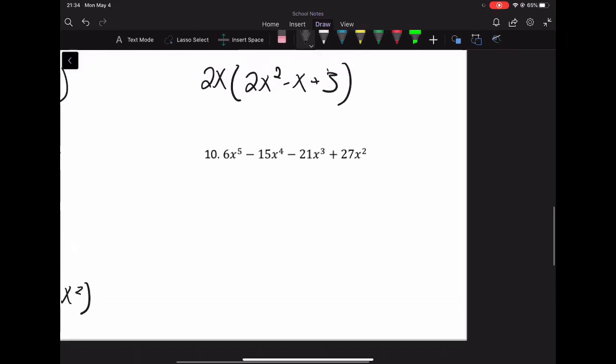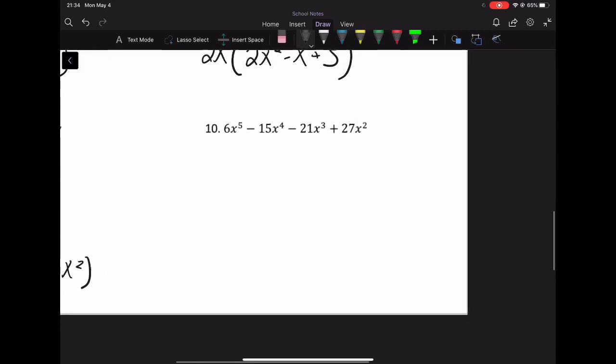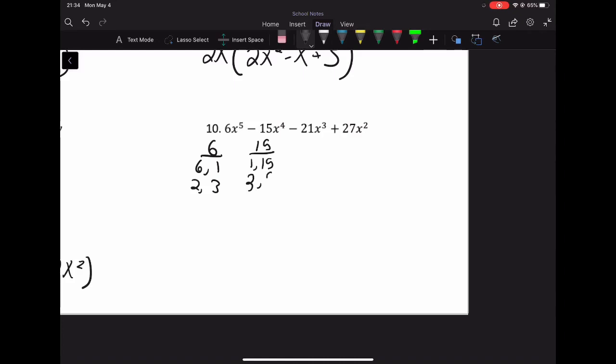Last one, we got 4 terms for it. We could still do the GCF method though. So let's see, can we pull anything out from here? From 6, we're going to get 1 and 6, 2 and 3. 15, we're going to get 1 and 15, 3 and 5. 21, we're going to get 1 and 21, 3 and 7. 27, we're going to get 1 and 27, 3 and 9.